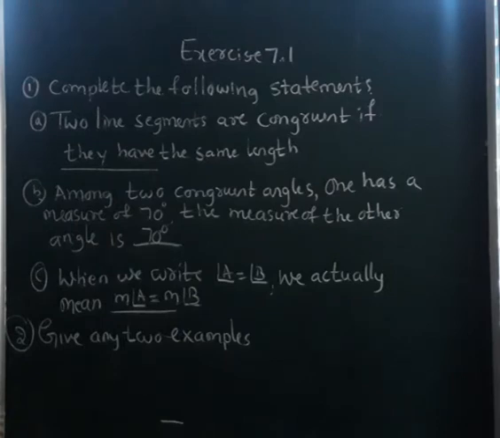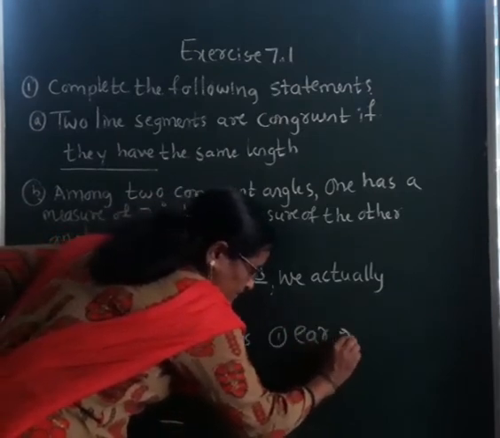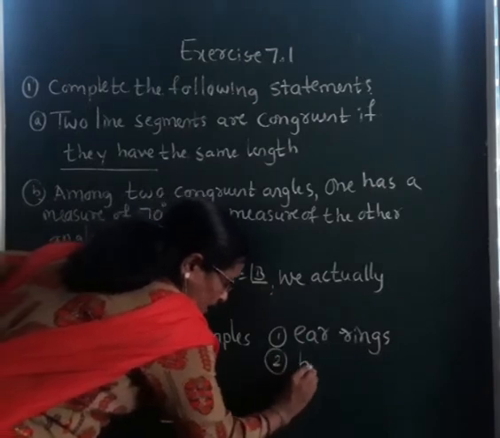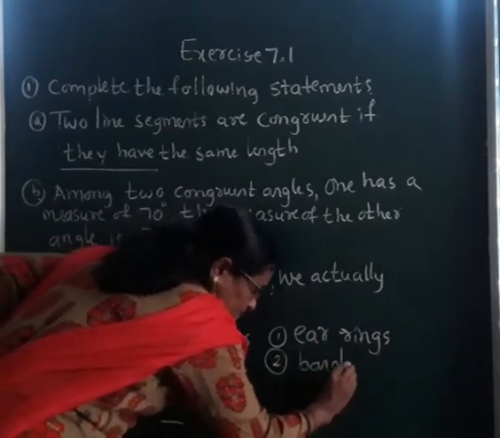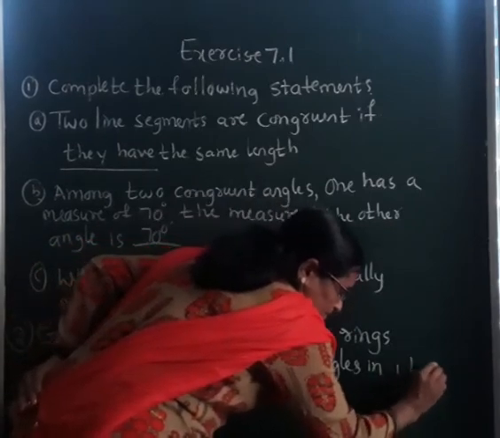Which are the examples? The biscuits in one packet, earrings. First one, earrings, both are the same. Bangles in one box.